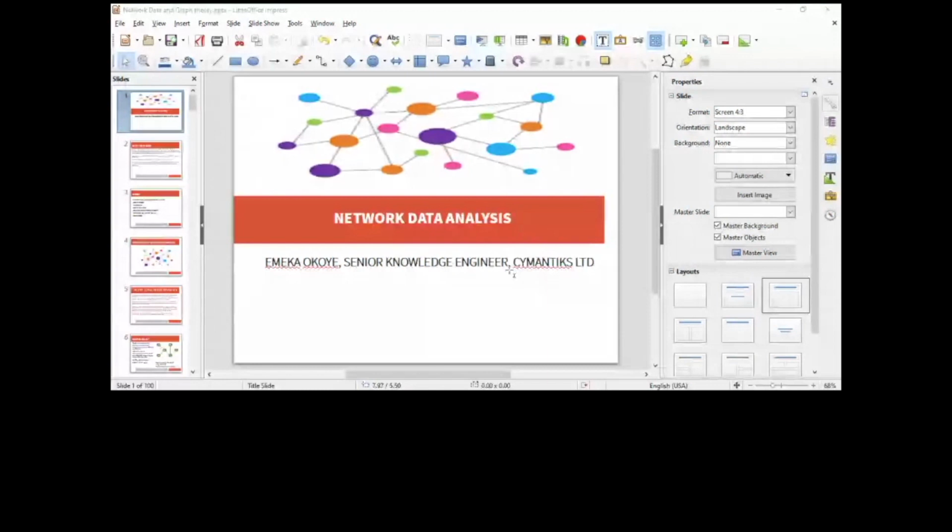All right. Sorry about this. I just realized that my slideshow was not showing. I don't know why it cannot see the slideshow, so I might have to do it manually inside the application.